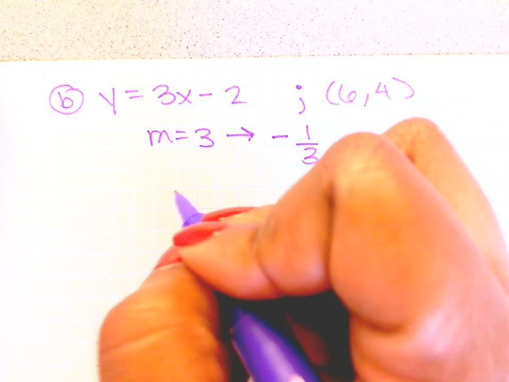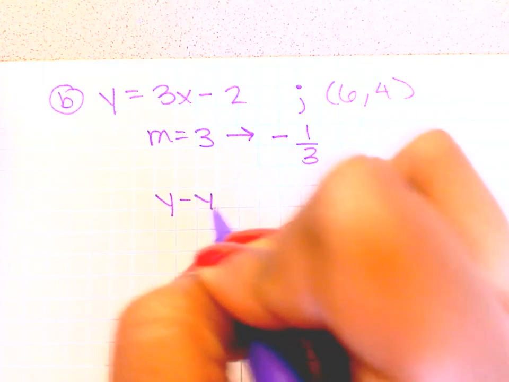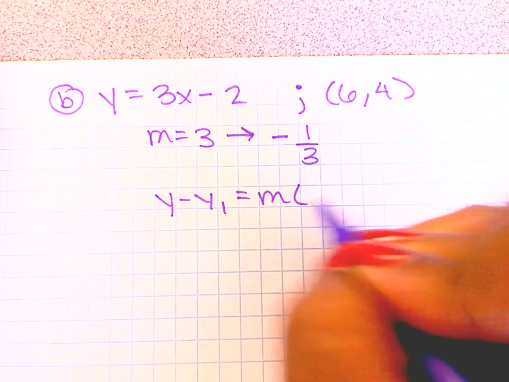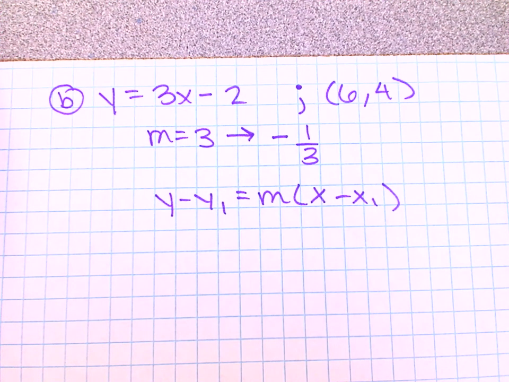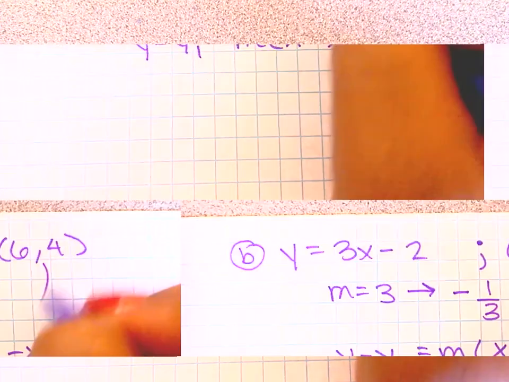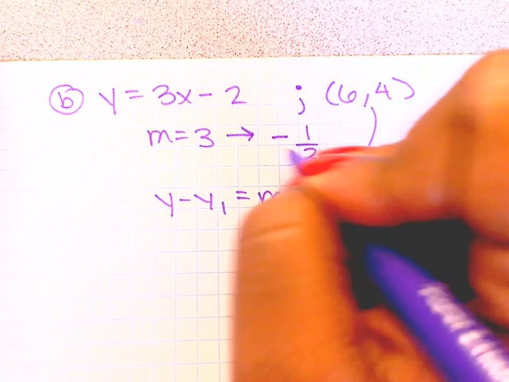So now all we have to do is plug that into point slope form. I'm going to say it again: y minus y1 equals m times the quantity of x minus x1. Plug in your points. Plug in your slope.